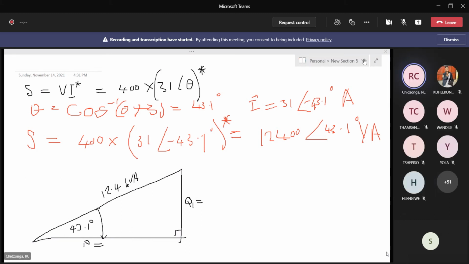P is 9,300, let's just call it 9.3. Okay, this is kilowatts.